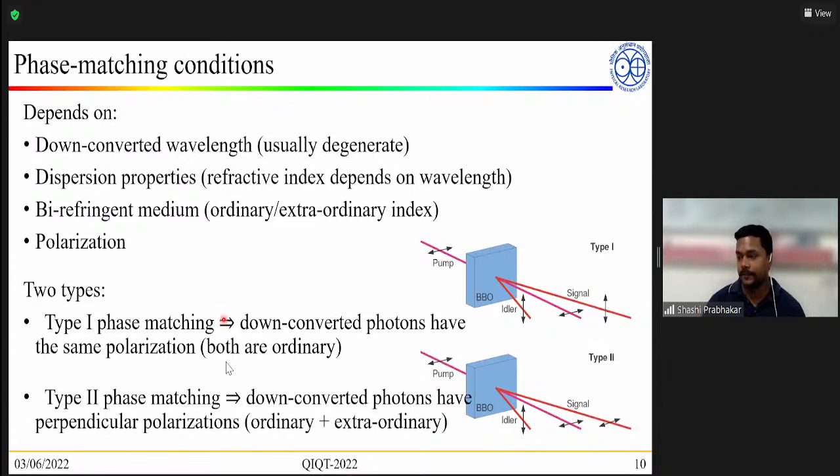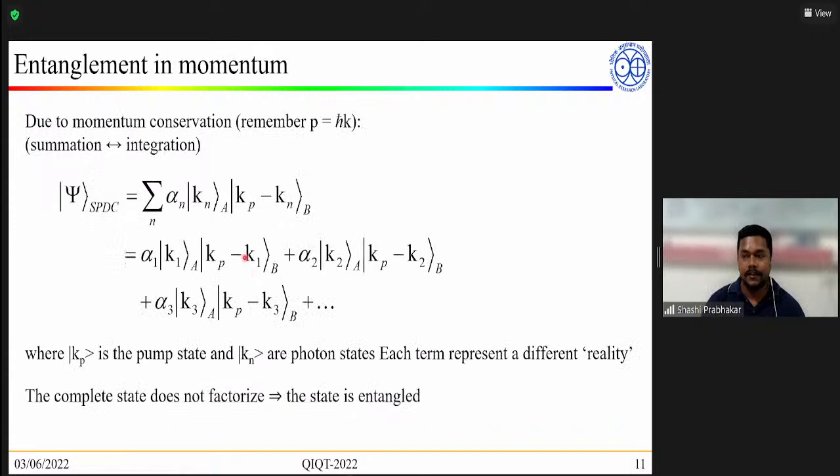So as we have this phase matching condition, let's understand more about the conservation of momentum. If the input pump has momentum Kp, and one mode is K1, the other will be Kp minus K1.